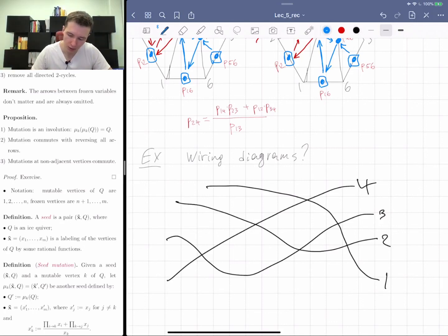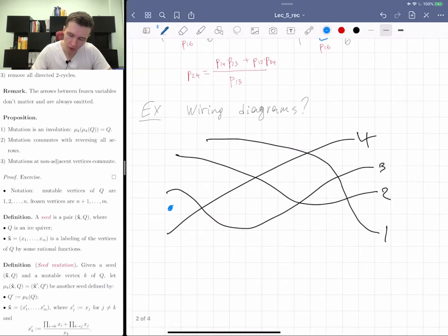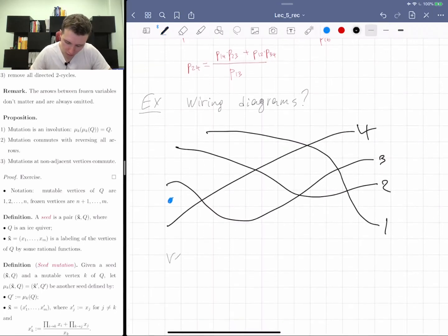And so, as we discussed in class, the vertices of Q are just the regions of my wiring diagram, and the mutable vertices correspond to interior regions.